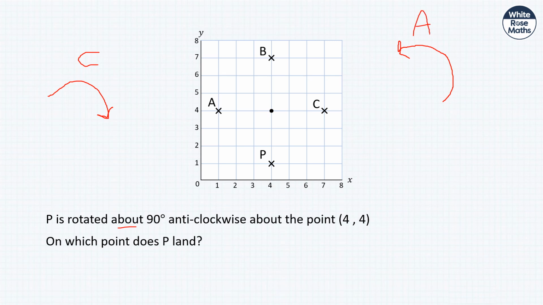So AC for anti-clockwise. That means it can't be A or B because that's a clockwise rotation. So P lands on C. Anti-clockwise means it's going in the opposite direction of how a clock would go. The answer is C.